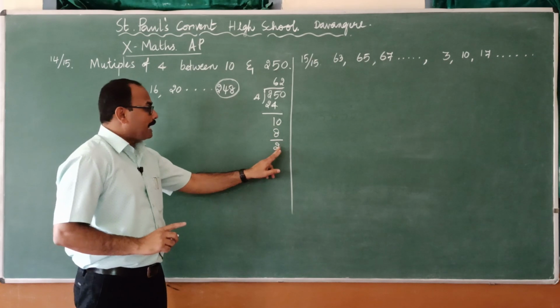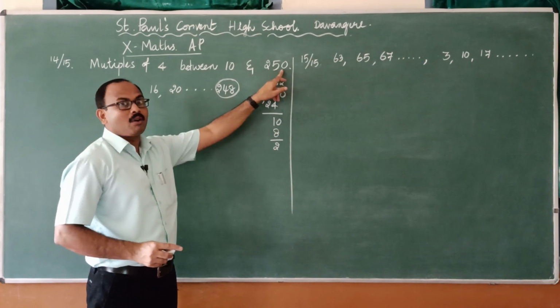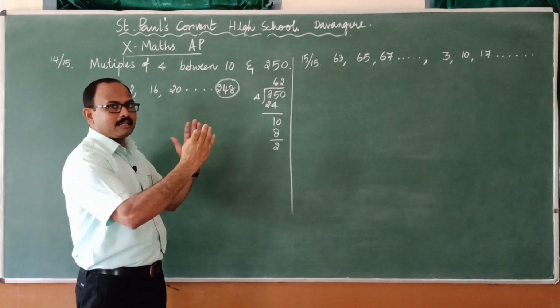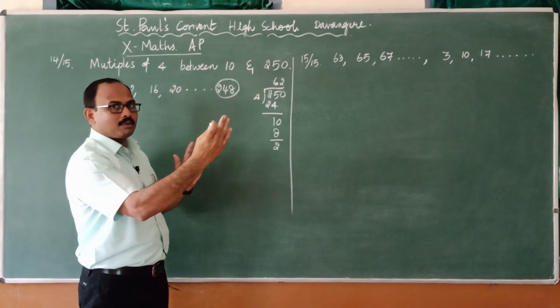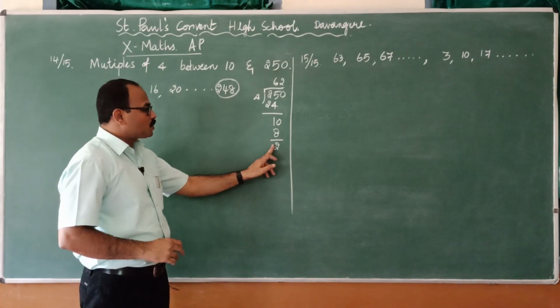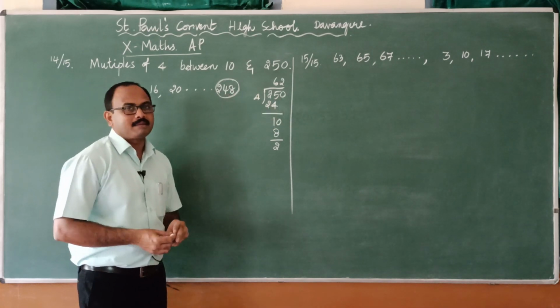Suppose if you add this to 250, it becomes 252, and that is wrong. But the question is between 10 and 250. Therefore, subtract this 2 from 250, and the last number becomes 248.